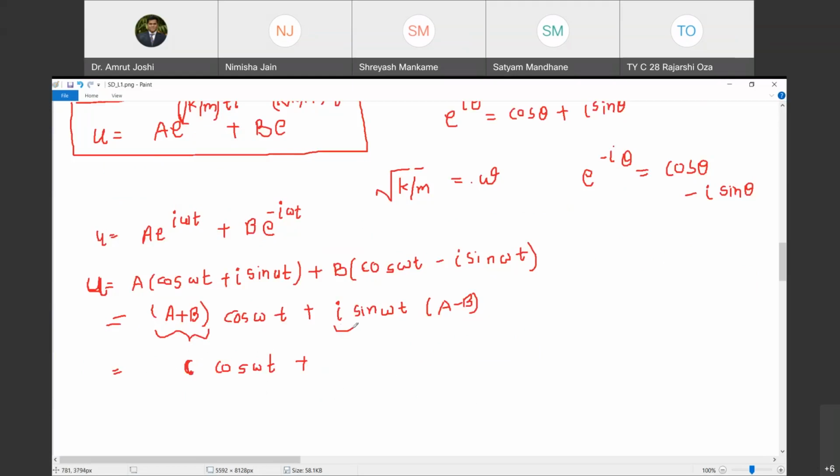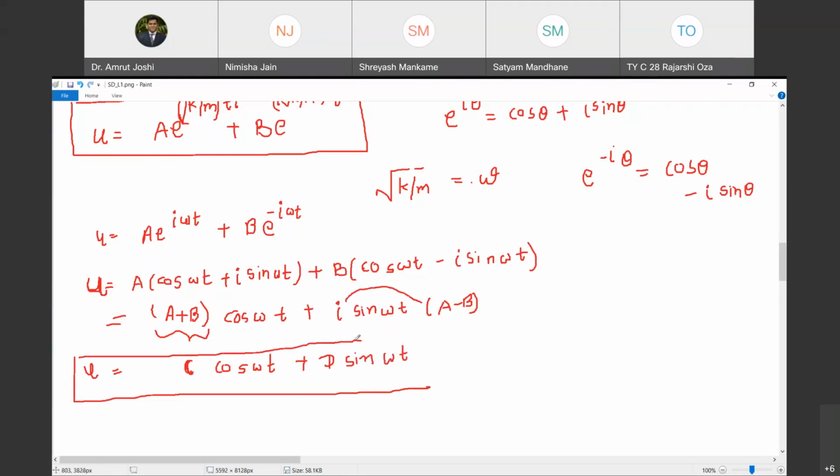Plus this i times a minus b, I am going to call it another constant, and that is d. Then I get the solution of this format. Do you agree with me? Yes, sir. u as a function of t is equal to c cos omega t plus d sin omega t.